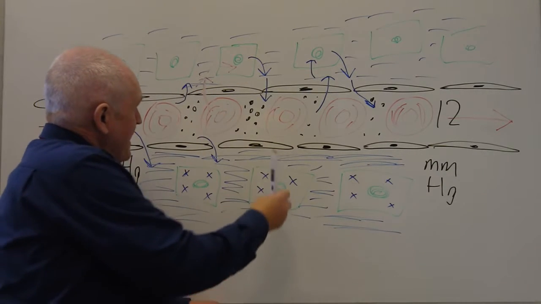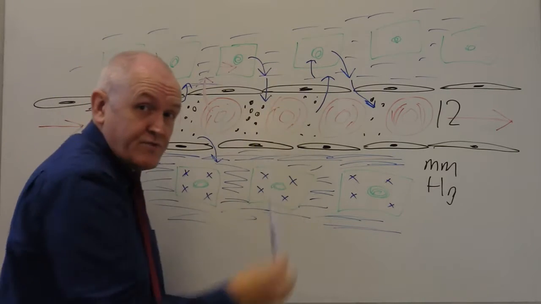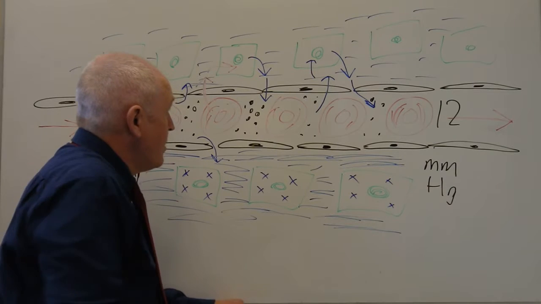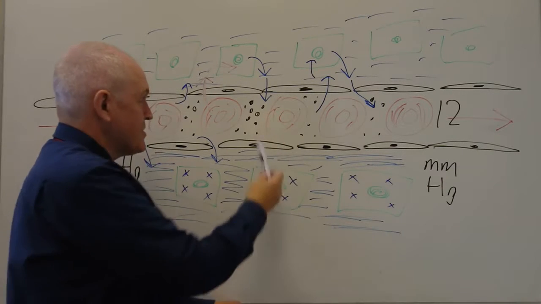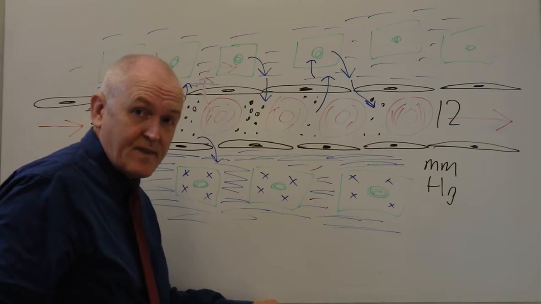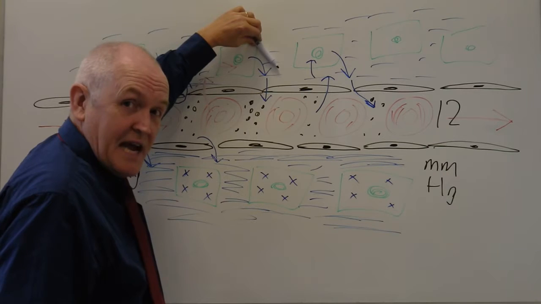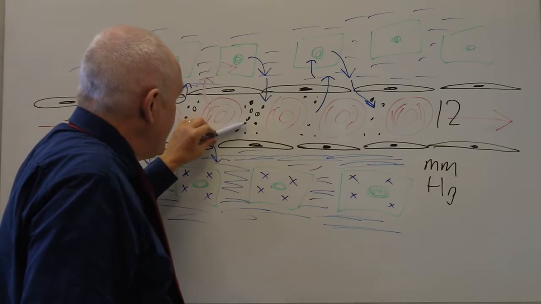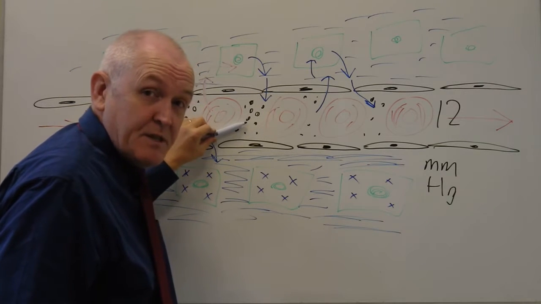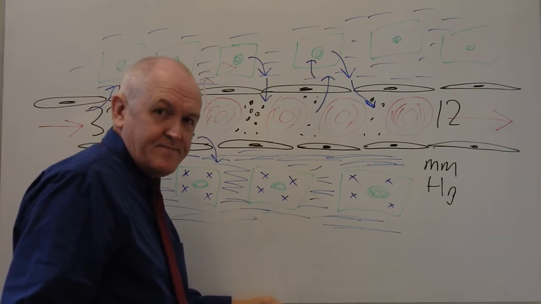So what that means is we end up with an area here in the tissue fluid that is watery, because the small molecules have got out, but the big molecules that make the blood a colloid can't get out, and they're still there. So the tissue fluid is a relatively watery area, whereas this, because a lot of the space is taken up in the plasma with the plasma proteins, is a less watery area.